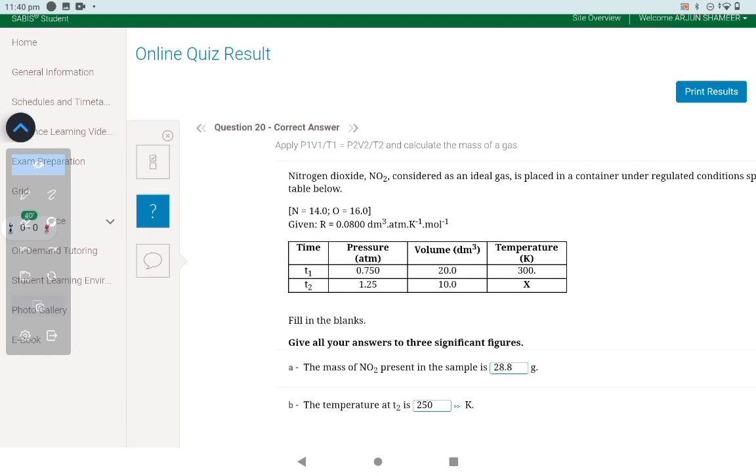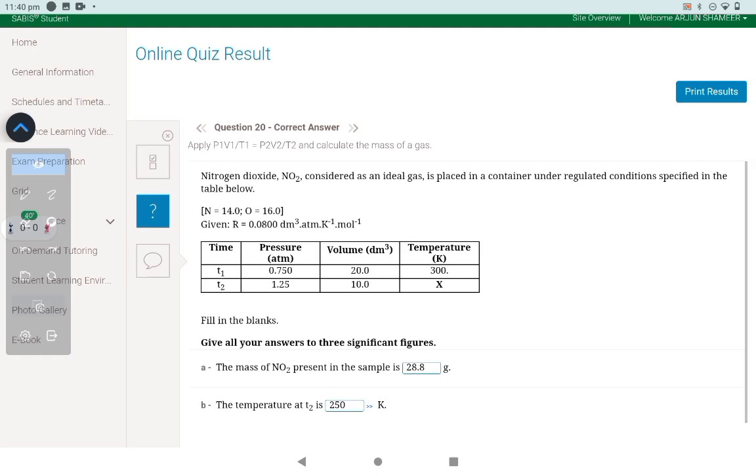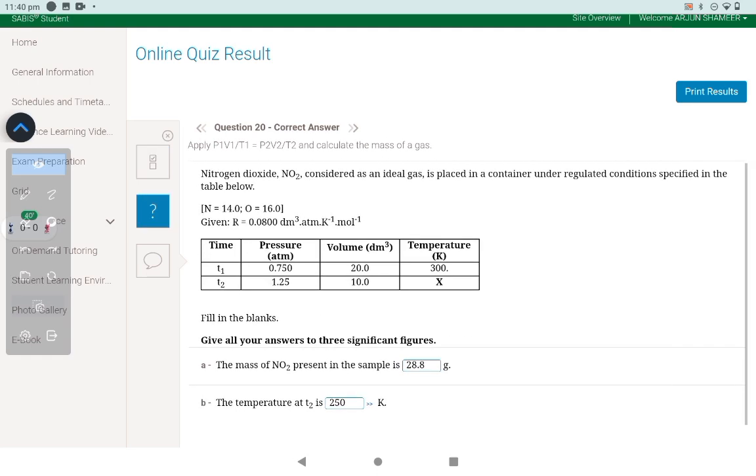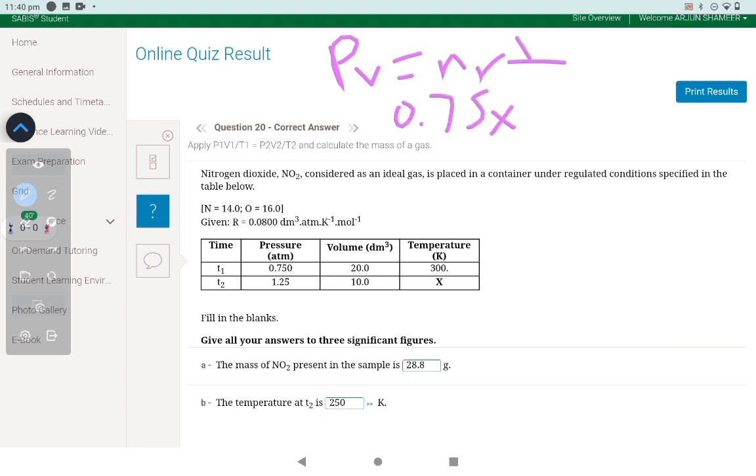Okay, this one. Mass of NO2 in the sample. Okay, we have the molar mass, we have everything. So first we can do PV equals nRT because we want to find the mass. We got pressure 0.75 multiplied by 20 is equal to N, we don't know, times RT. What is R?